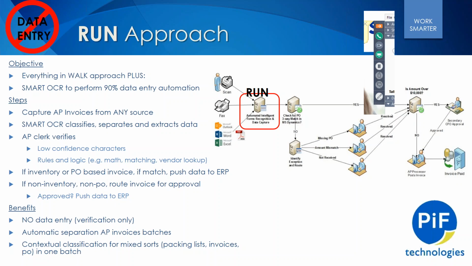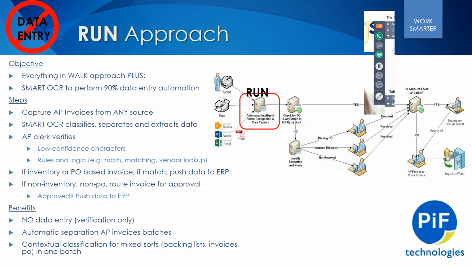So in this particular capability, we're capturing invoices or sales orders or other unstructured documents from any source: scanner, MFP, fax, email. We're then automatically classifying it as an invoice, sales order, or packing list, separating the documents. So if you did have 10 invoices in one batch, it will separate based on the change in invoice number. And then it extracts all the header, footer, and line item detail.